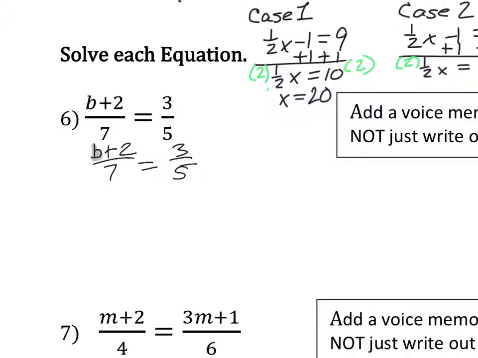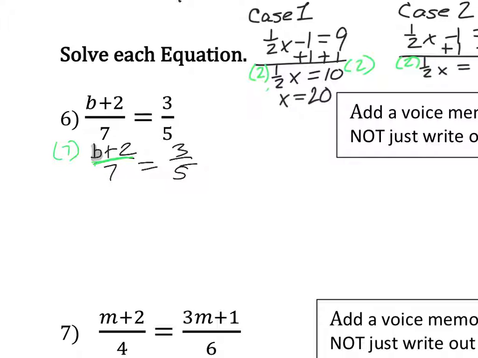We'll figure it out. Okay, so you notice that you're dividing by 7, right? That's what it means to divide by 7. So we're trying to get the variable by itself. So we need to get rid of that 7, don't we? So we need to cancel out dividing by 7, and we need to do that by multiplying.